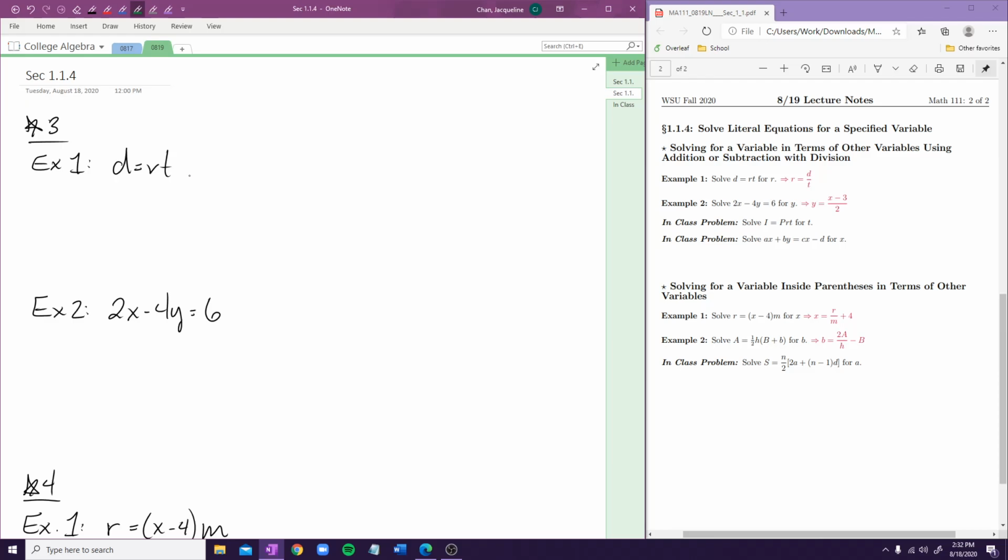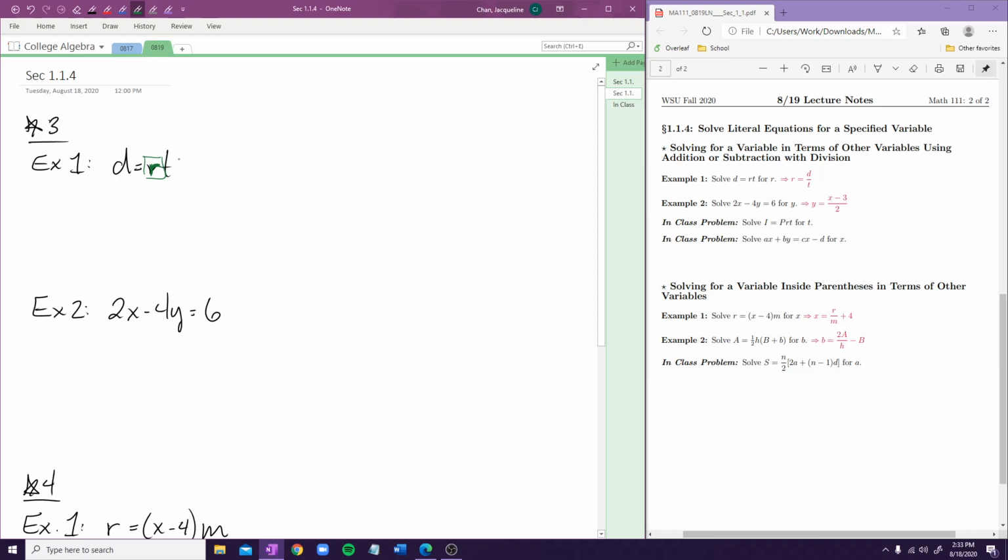We've just been dealing with numbers lately, and usually it's a lot easier for people, but now we're getting a little more abstract. But nothing is different. So what does this mean? This means that our goal is to get r by itself. And I'm sorry, I know my r's kind of look like v's, but we want to get this r by itself.